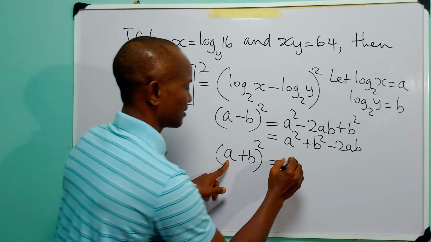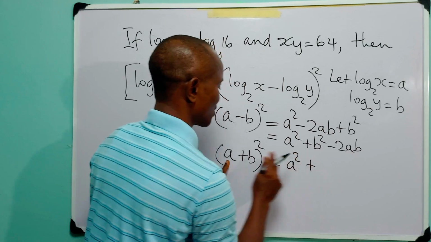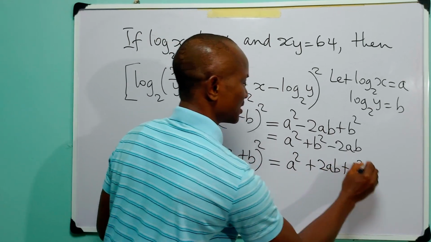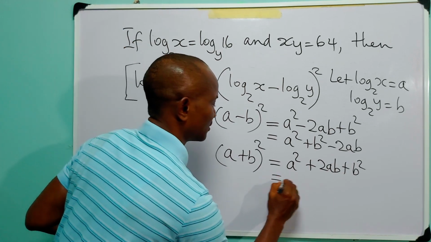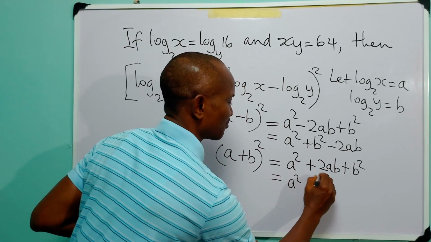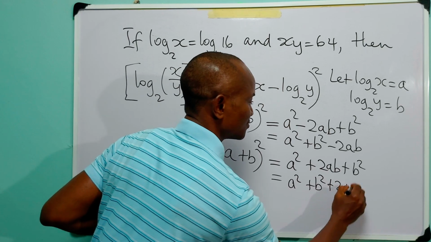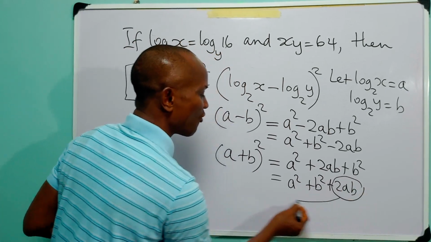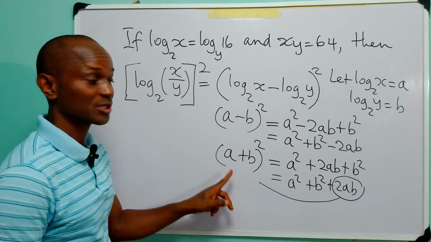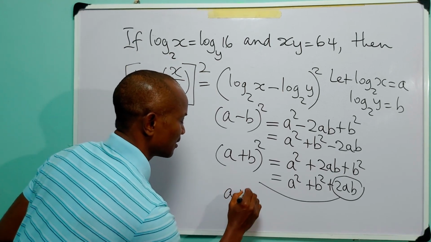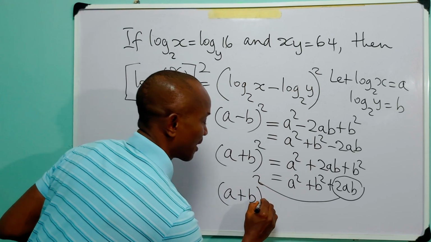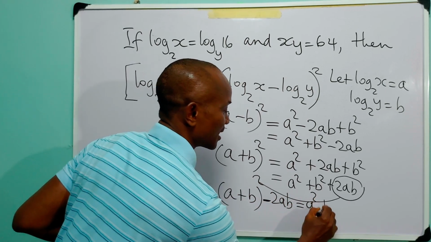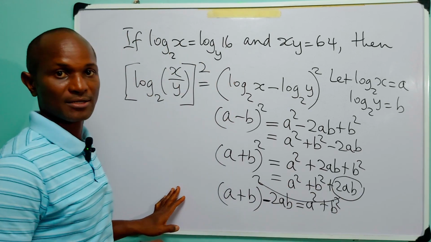And this is a squared plus 2 times a times b plus b squared. That is a squared plus b squared plus 2ab. If we take 2ab over to the left hand side of the equation, what we will have is (a plus b) squared minus 2ab is equal to a squared plus b squared.